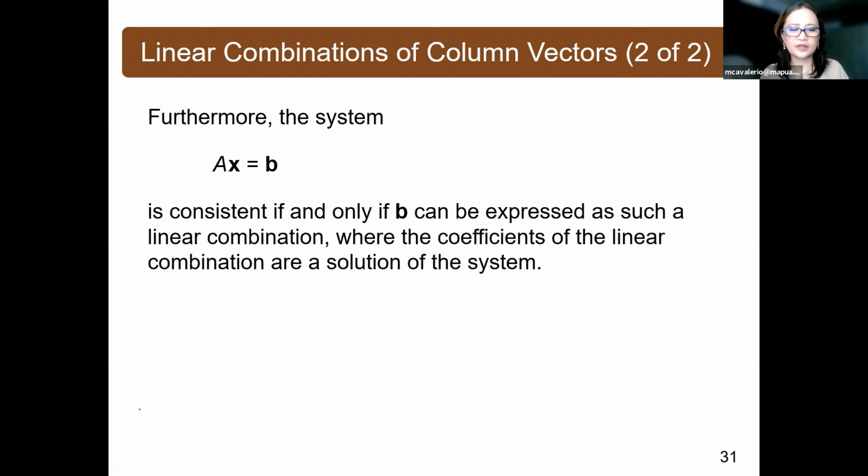That now is what you call the linear combination. Furthermore, the system AX equals B is consistent if and only if B can be expressed as such a linear combination where the coefficients of the linear combination are a solution of the system.